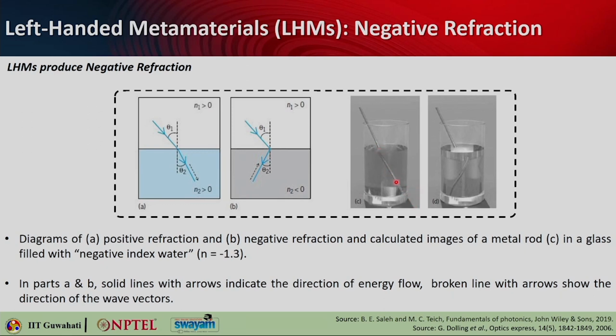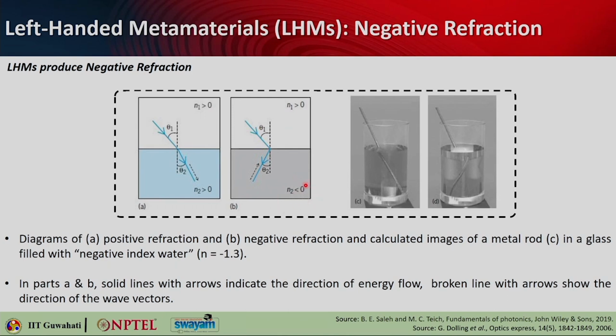So there is a bending starting from the interface, and this particular diagram compares the case where both the materials are positive materials, double positive materials, with case B, where one material has a negative refractive index.